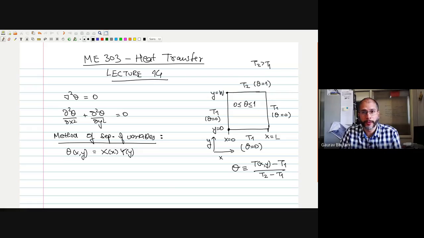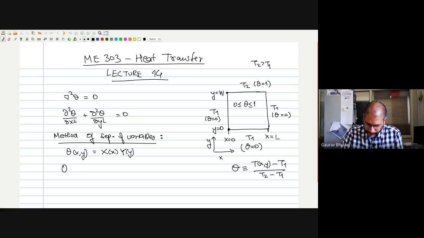It may not be true in general, but in this case we know that it comes out to be true. When we substitute this, we get 2 ODEs, ordinary differential equations, and when we solve them we get a solution, which we substitute back into theta.